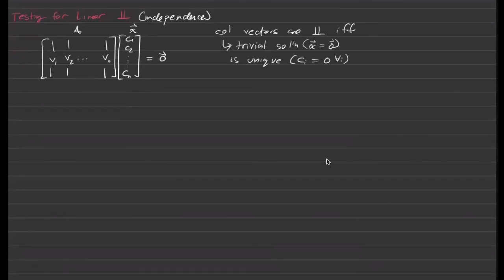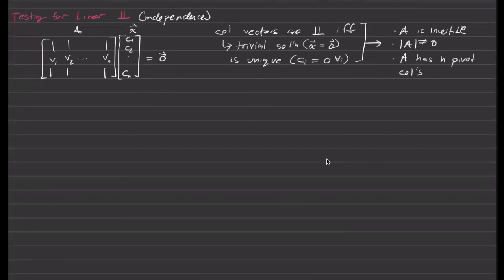And what this implies is that A is invertible, the determinant of A, as a consequence, is non-zero, and that A has n pivot columns. I'm not going to get into what pivot columns are.